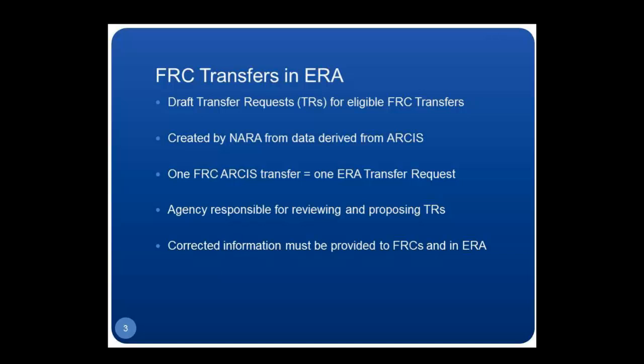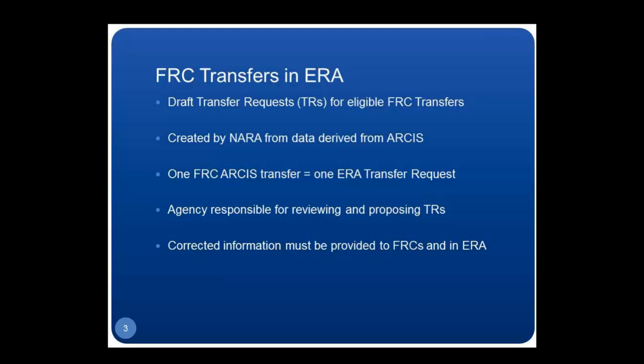Some quick review about basics about FRC transfers in ERA. These are transfer requests in draft for your action, and they are based on eligible FRC transfers. NARA creates these on behalf of the agencies from information and data derived from ARCUS, which is the FRC operating system, as well as from ERA record schedule information.